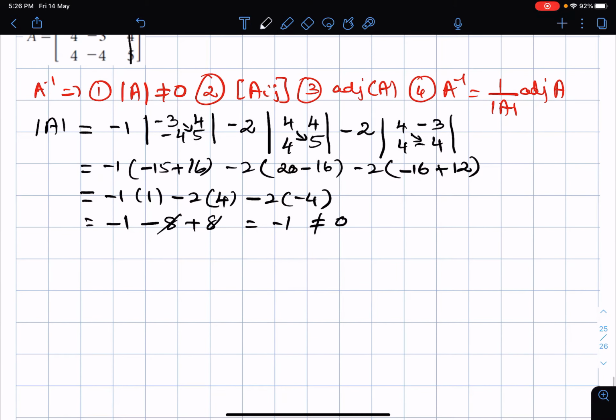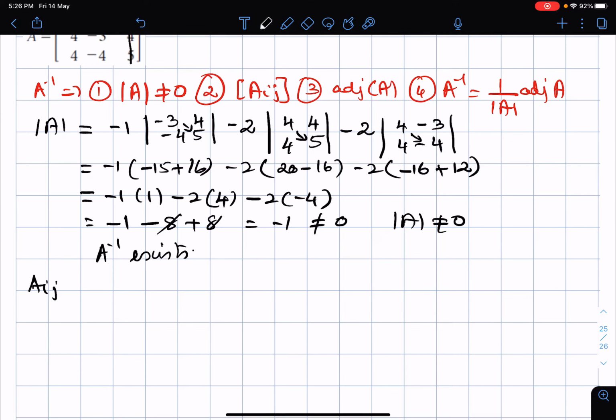Okay. So determinant A not equal to 0 means we can write A inverse exists. Now we are going to proceed to our second step. This is a 3 cross 3 matrix. Already we have seen in example 1.16 how to write the cofactor matrix for this. So the same way we are going to do our cofactor matrix. Okay.